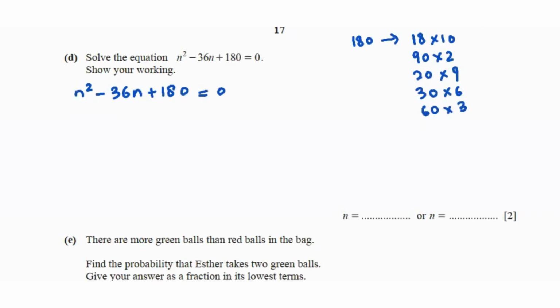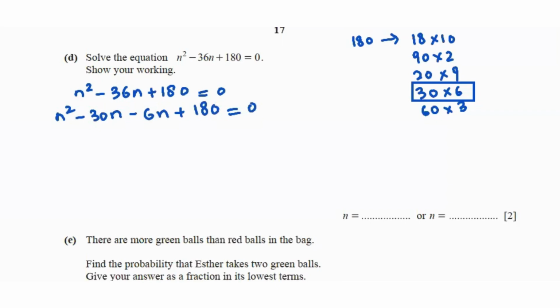We're going to pick that set of factors which when added or subtracted gives us the middle term, which is 36. And that is only happening with 30 times 6, because 30 plus 6 is going to be 36. Hence, we're going to replace negative 36n with negative 30n minus 6n plus 180.